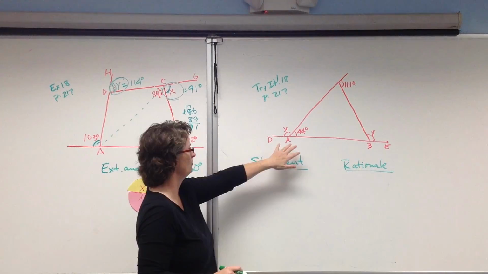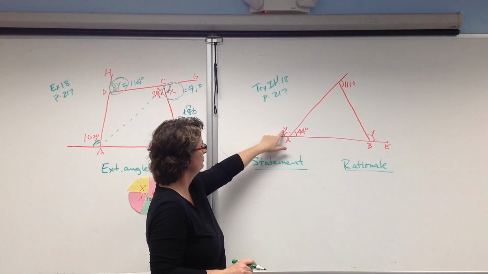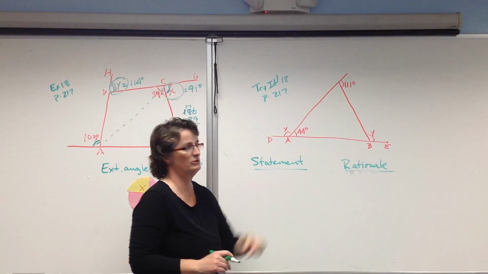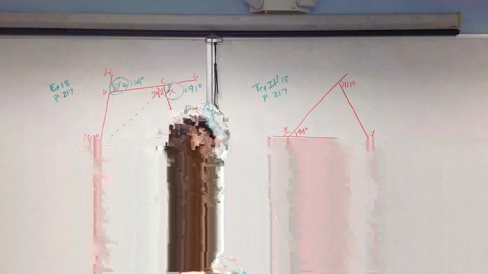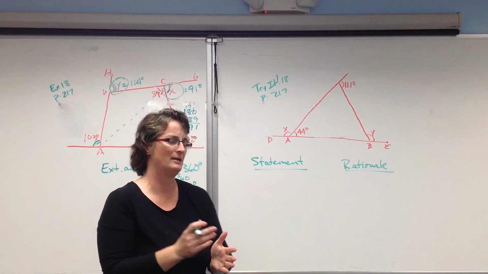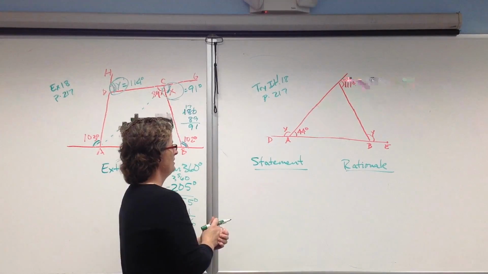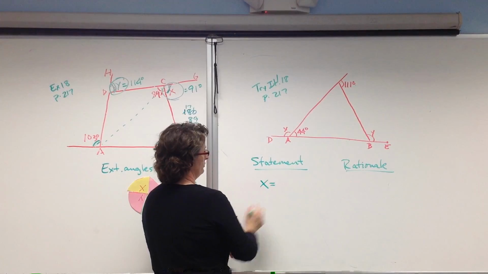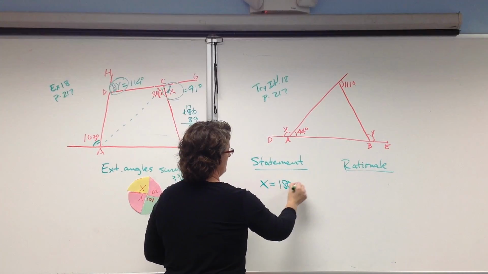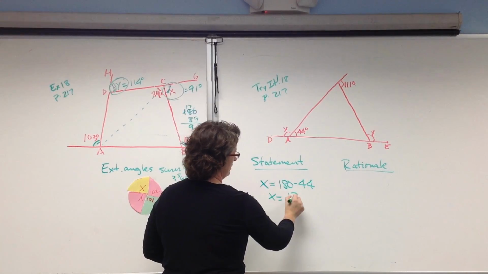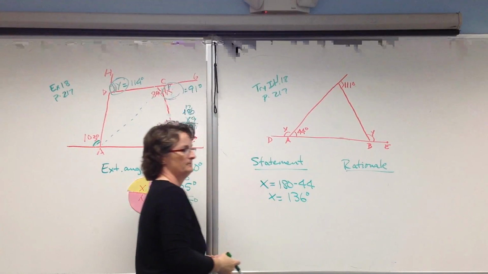And let's go ahead and start with x. This is this exterior angle right here. Adjacent interior angle that's 44 degrees. Supplementary. They add up to 180 degrees. So we can say in our first statement, x equals 180 minus 44, or x equals 136 degrees.